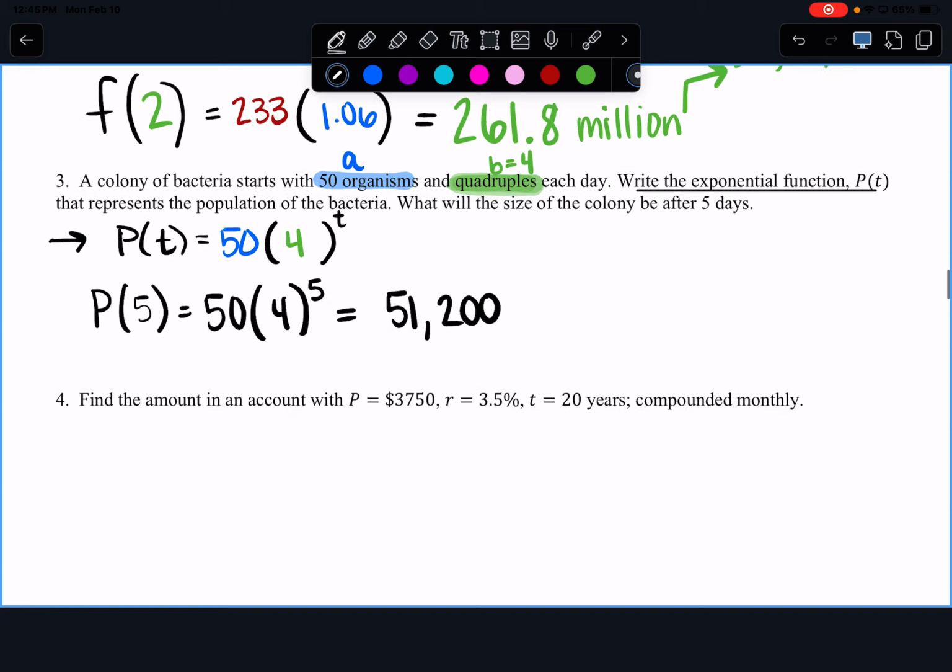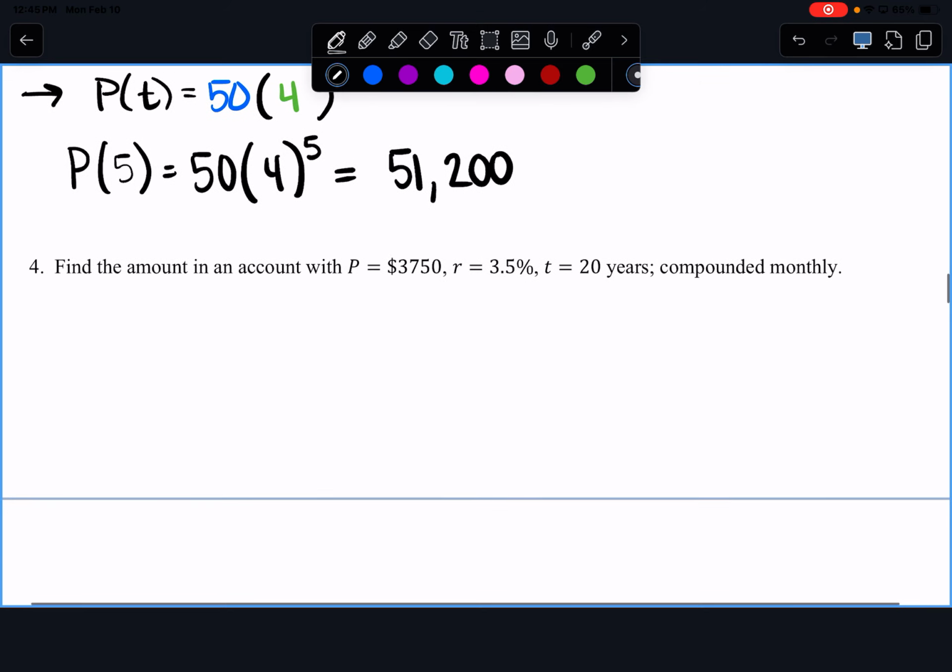Okay, so let's look at this one right here. What is my principal from number 4? What's the principal amount? Perfect. Then for rate, it gives us rate as a percent. Is that what I need to plug into my equation? How do I need it to plug in my equation? 0.035.